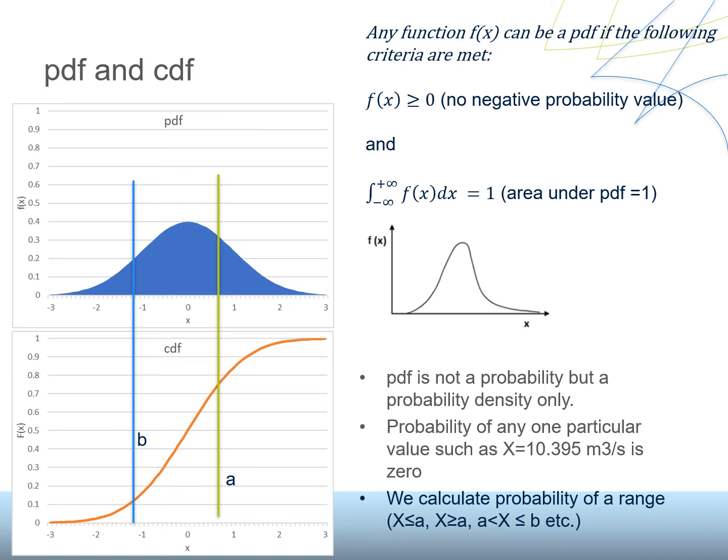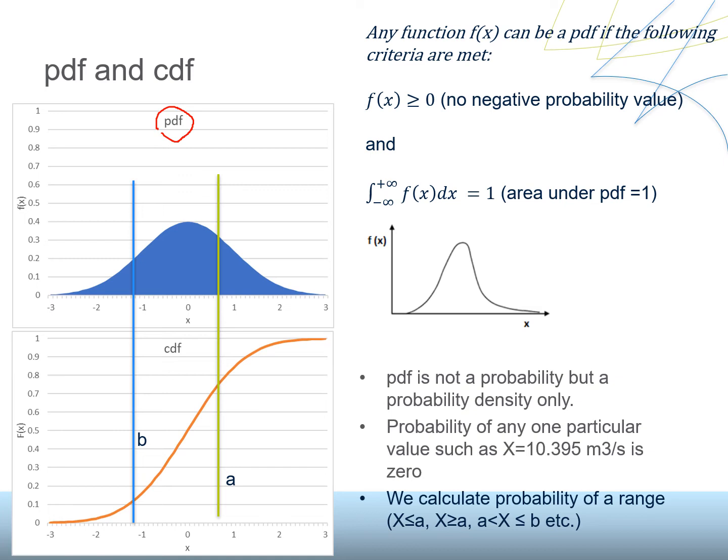This is an example. Here, this is called the probability density function, not the probability mass function. That is an important difference. For a continuous variable, we use the probability density function, whereas for a discrete variable we use the probability mass function.